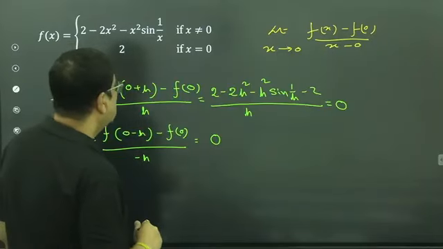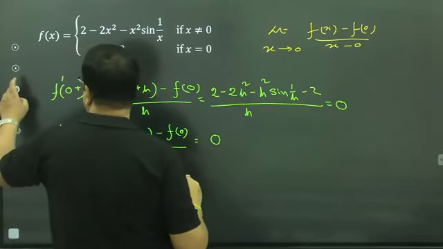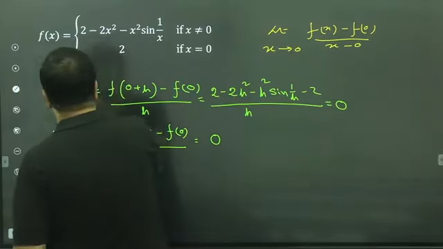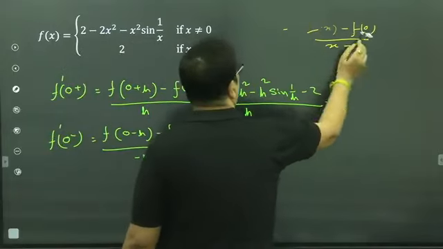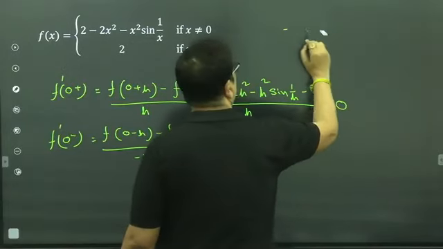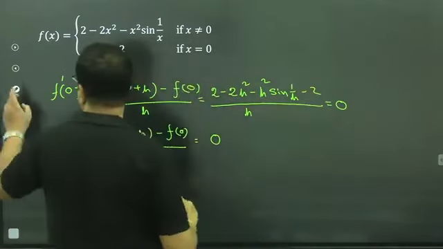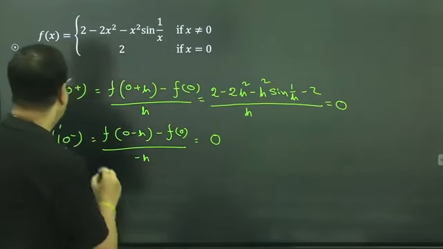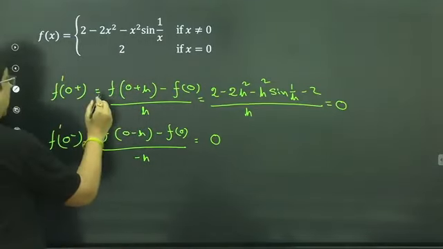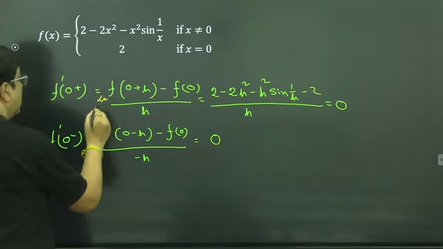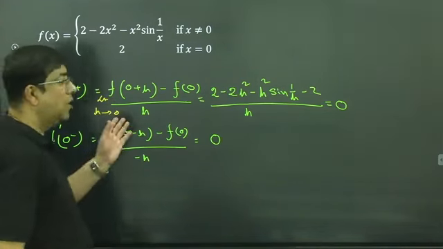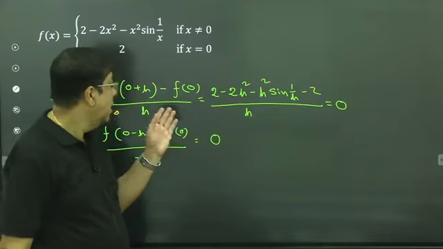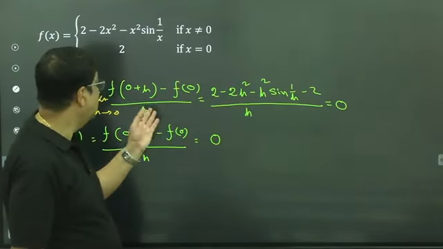So instead of doing this, whenever there is some problem with respect to differentiability, we should check the right hand differentiability and left hand differentiability. For right hand differentiability, limit h tends to 0. According to the concept of differentiability, (f(0 plus h) minus f(0)) by h.